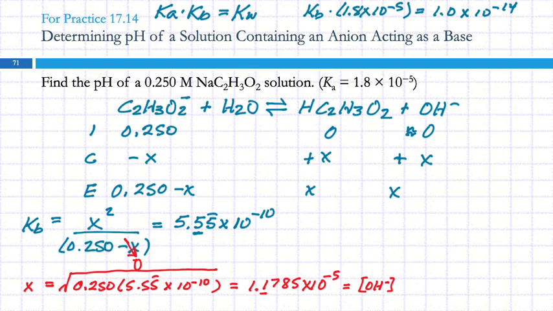So in the previous 2 examples, what I did is I used this and calculated pOH and subtracted it from 14. The other way to do that is to find the hydrogen ion concentration, which is going to be 1 times 10 to the minus 14 divided by the hydroxide ion concentration.